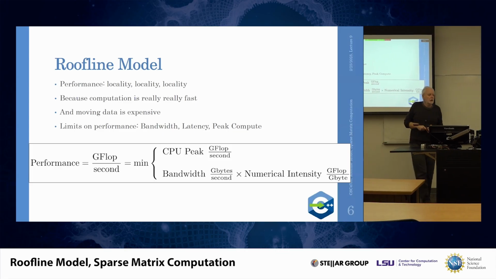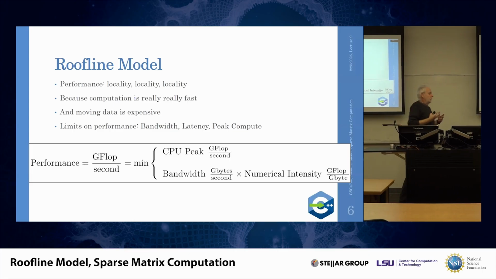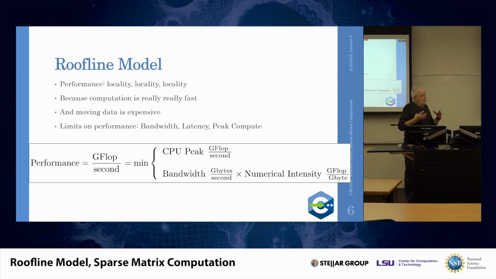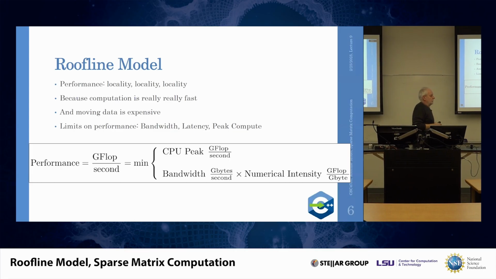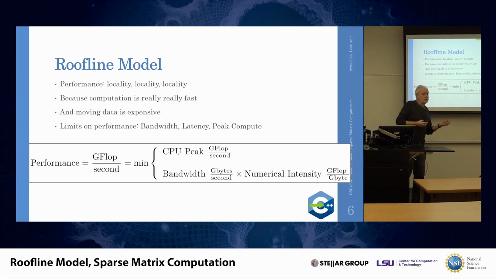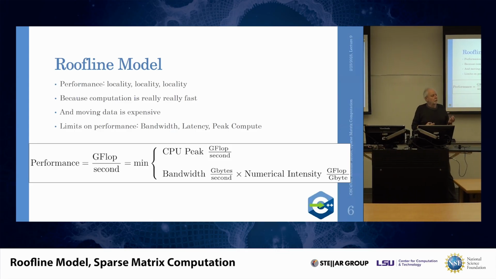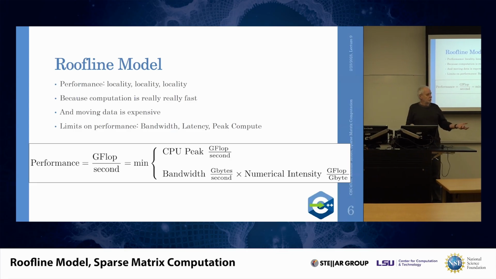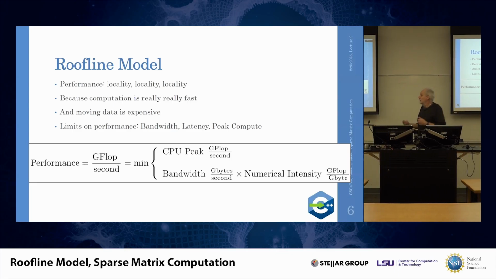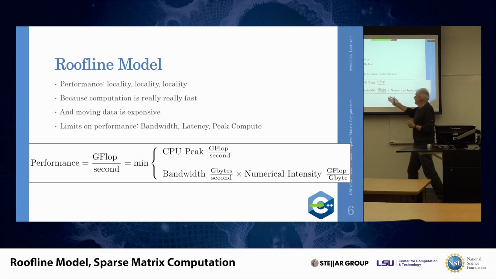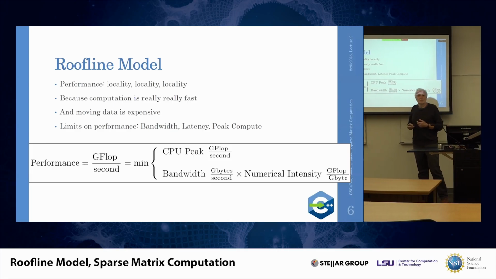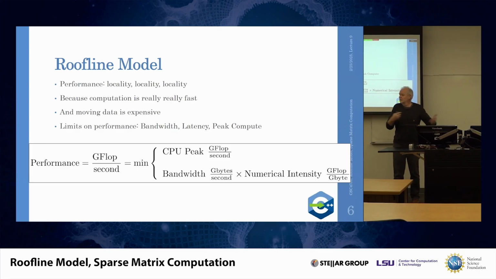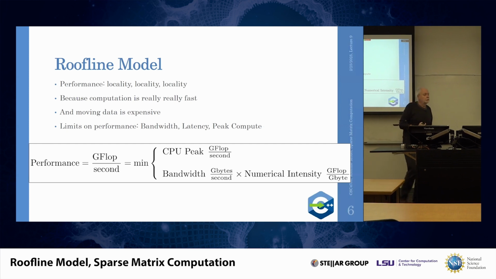On the other hand, if you have a low numerical intensity, that means you can do only a few floating point operations but you need a large amount of data to do that, then the probability is very high that you run into bandwidth problems, because you have to move all that data from main memory to the core.